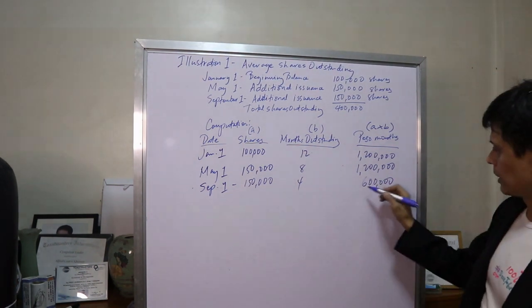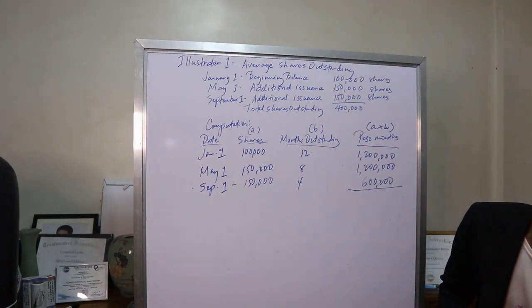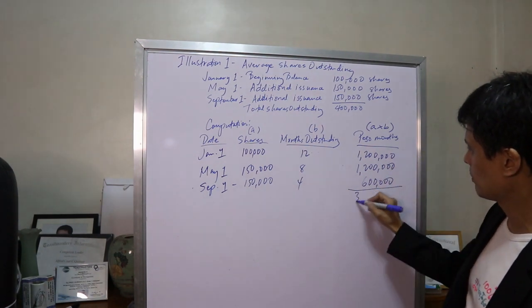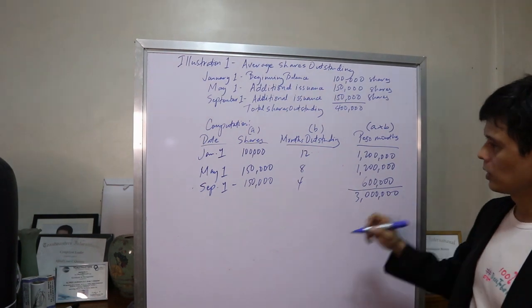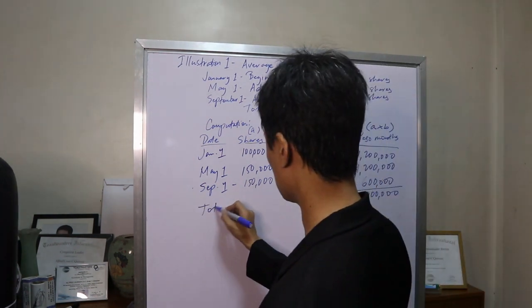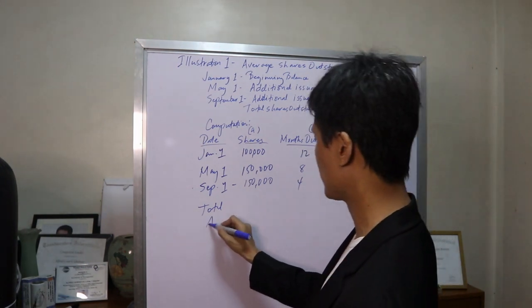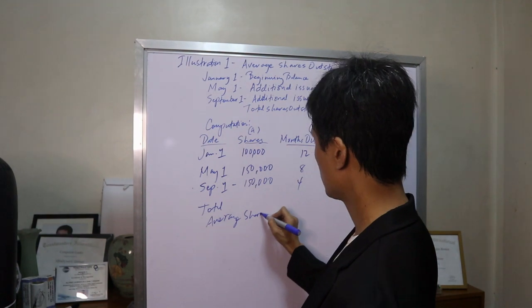See? And then, kukunin natin yung total nito. So, kung pagkuha natin ang total nito, makukuha natin, this is about 3 million. So, 3 million yung total. Pero hindi pa yun yung average. So, kukunin natin yan para makuha yung average. Okay, average shares for the year na.